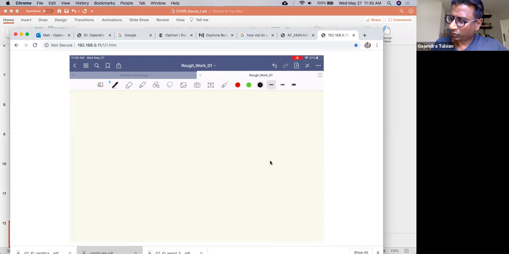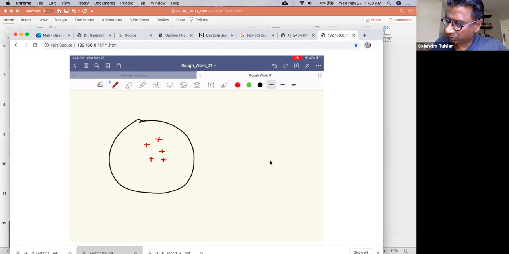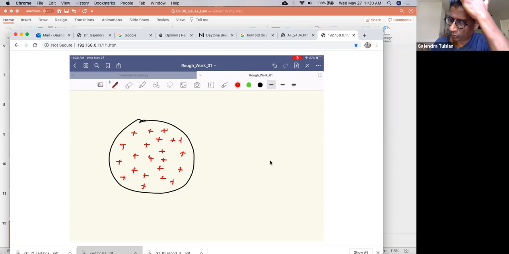So again, what you have is a spherical styrofoam, and you have charges smeared evenly throughout the styrofoam. And we are calculating the electric field at various points.